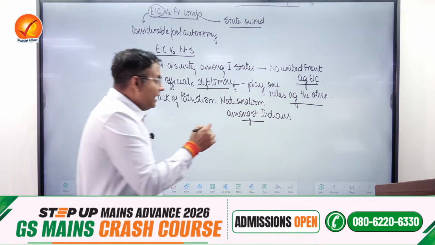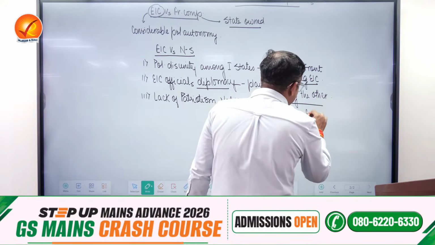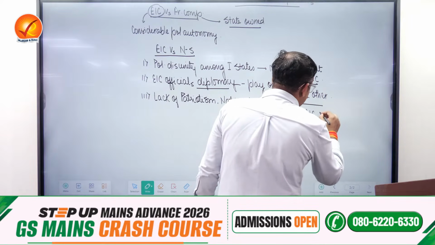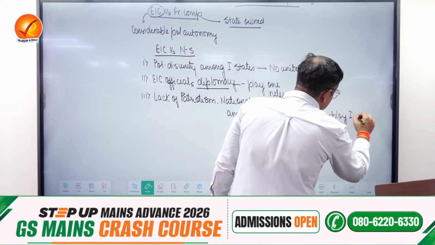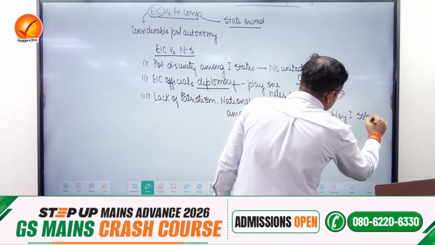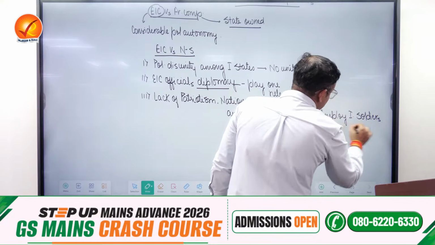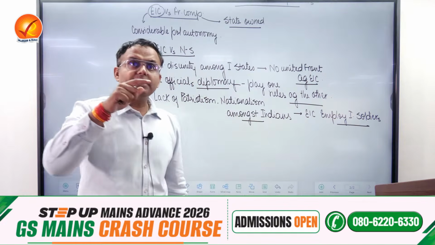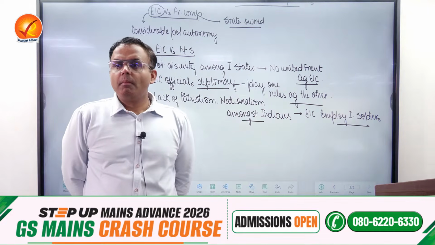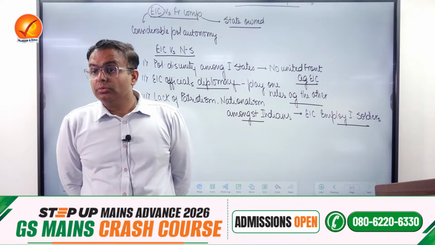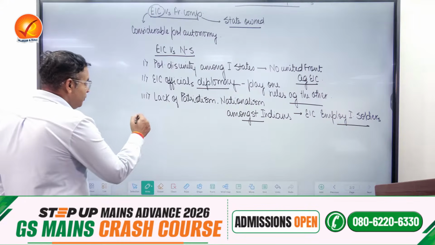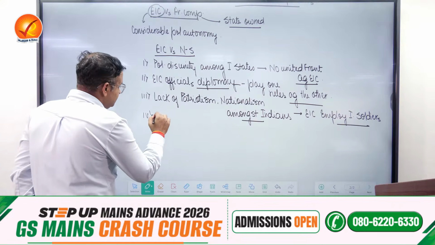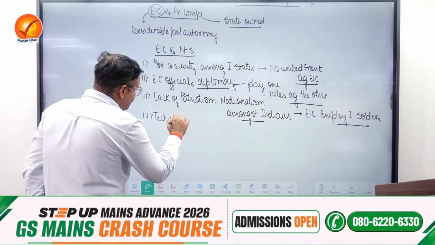And this allowed the East India Company to employ Indian soldiers. They were driven by their parochial, their narrow, immediate commercial interests. Fourth, technological supremacy.